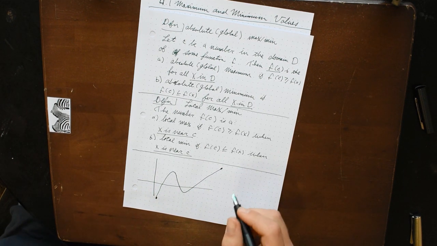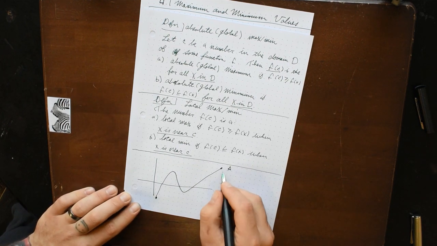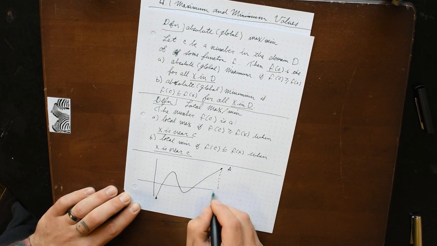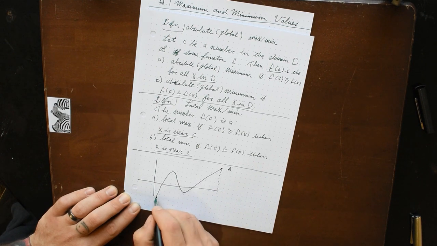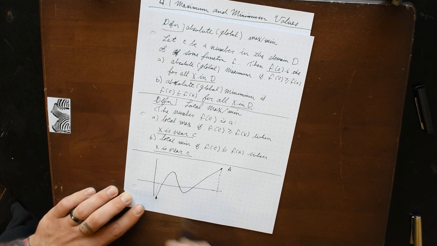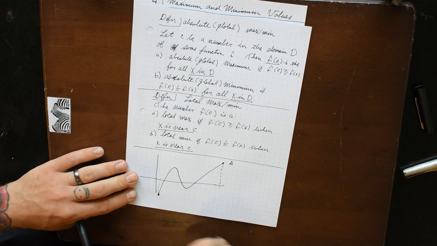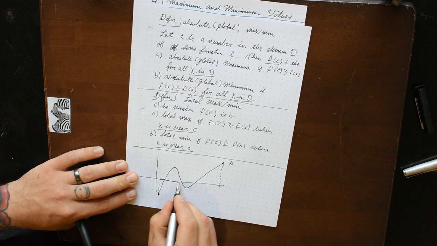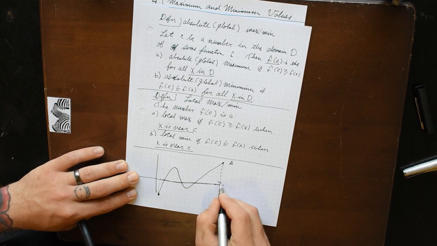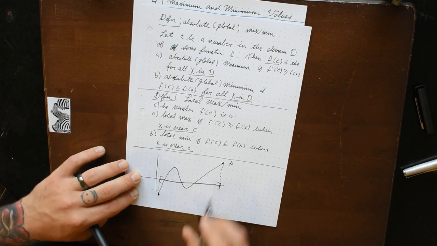So this is some function f, and its domain is every value between this number and this value of x. So everything right here, including the endpoints, is our domain.